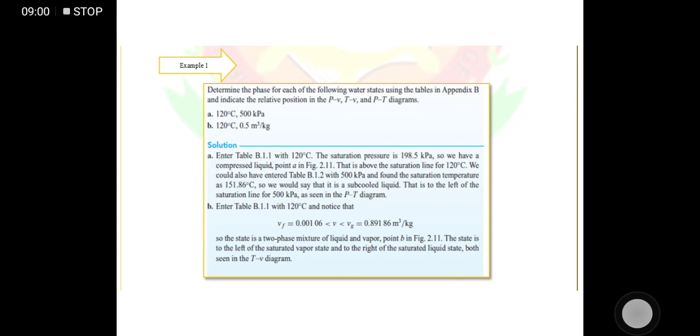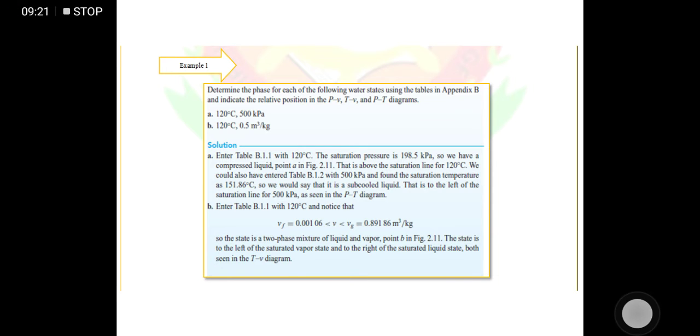Ibig sabihin ng VF at saka VG, yan yung volume ng isang substance in liquid phase, a combination of liquid phase and gas or vapor phase. So saturated yan sila actually.